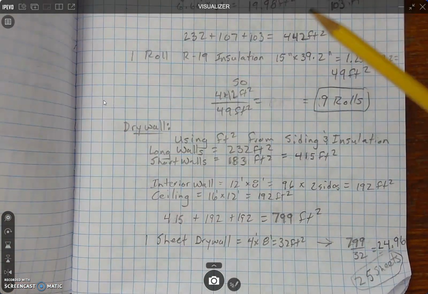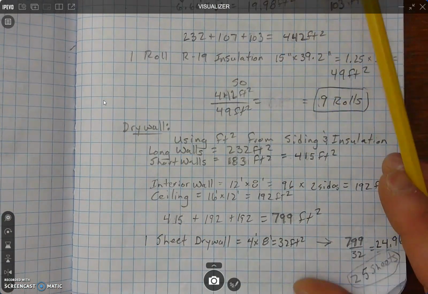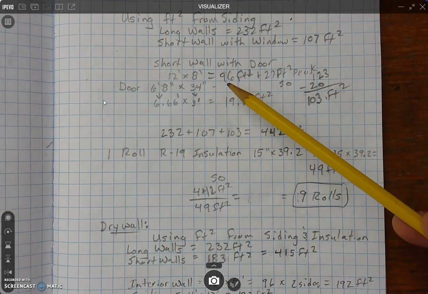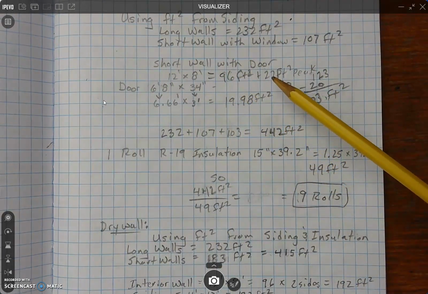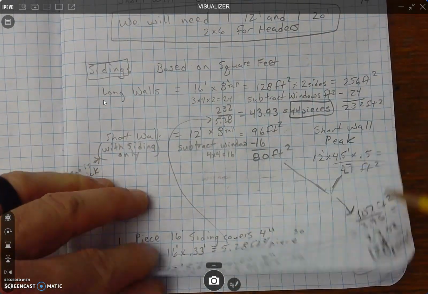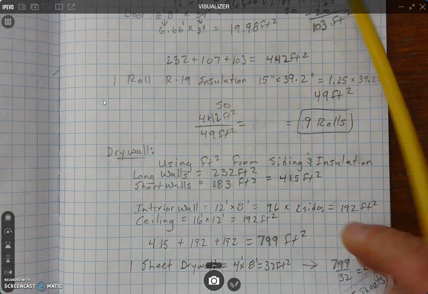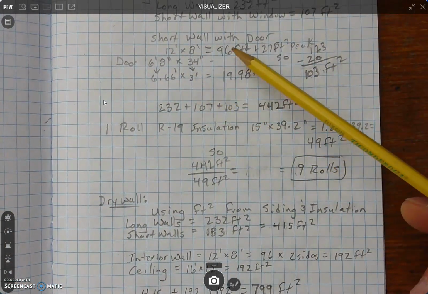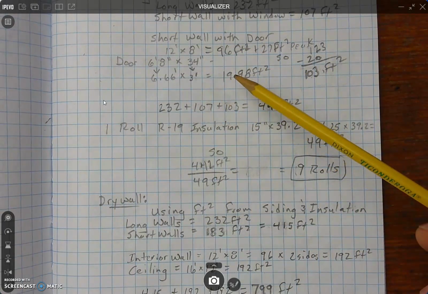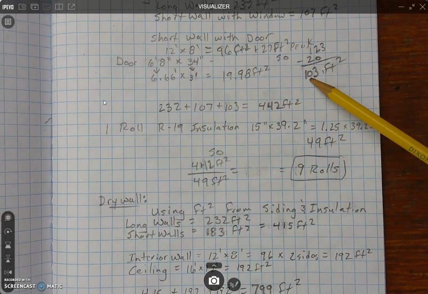On my short wall, I had 96 and I had forgotten to add my 27 for my peak, which I had already done over here when I got my 107. So I had to change that, and then I had to change my 107 here. And then we figured out our new short one, which is 96 plus 27, minus our door, which is 123 minus 20, which is 103.